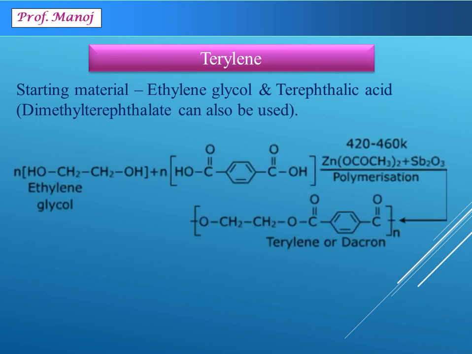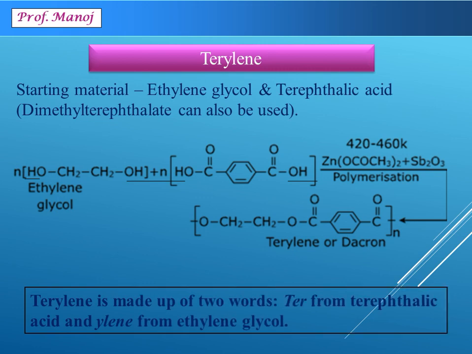You can see now that ethylene glycol is getting treated with terephthalic acid. The reaction takes place in presence of zinc acetate and antimony oxide as catalysts. After loss of water molecules, a linear terylene fiber is obtained. Terylene polymer is also known with the name Dacron.